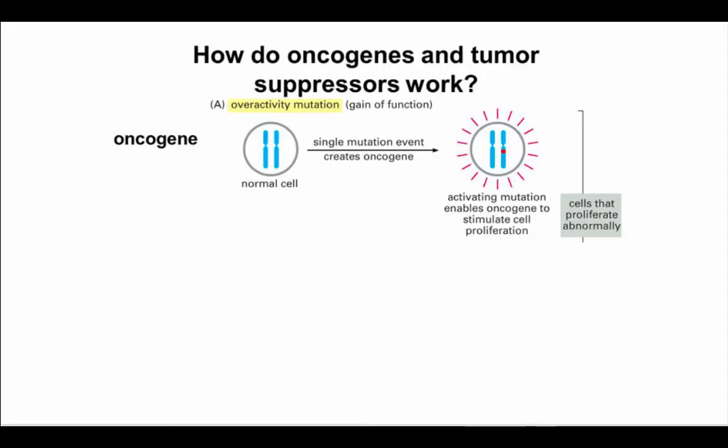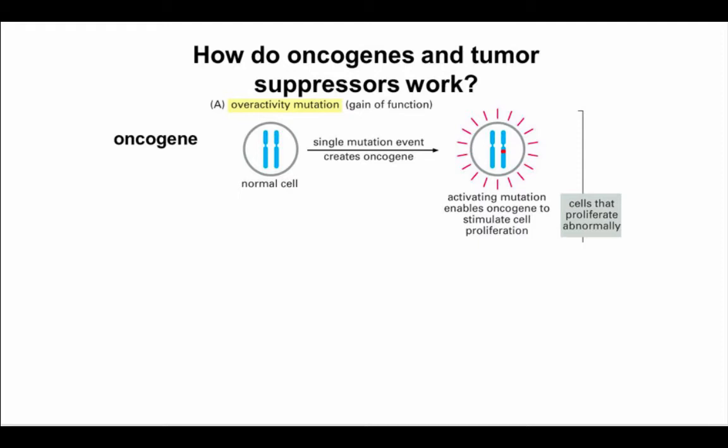For example, when a proto-oncogene mutates and becomes an oncogene, this tends to be considered a dominant mutation because it's a gain of function. A normal proto-oncogene responds to signals from the environment that tell the cell when it needs to divide. When the proto-oncogene mutates into an oncogene, that protein is now active and is telling the cell to divide, even if there are no signals from the environment that require it to divide.